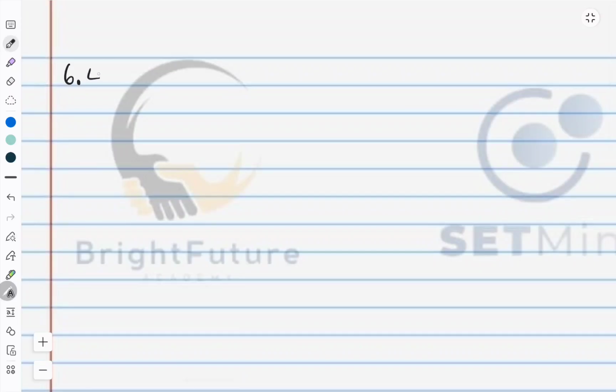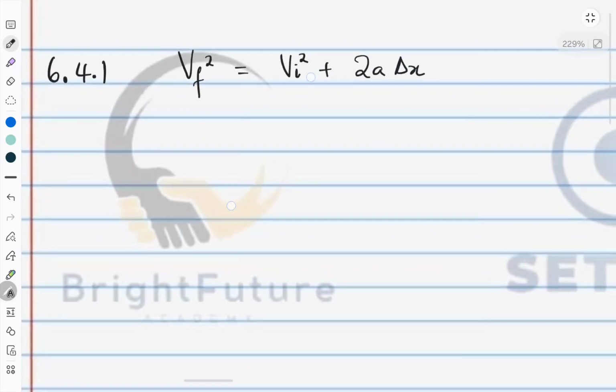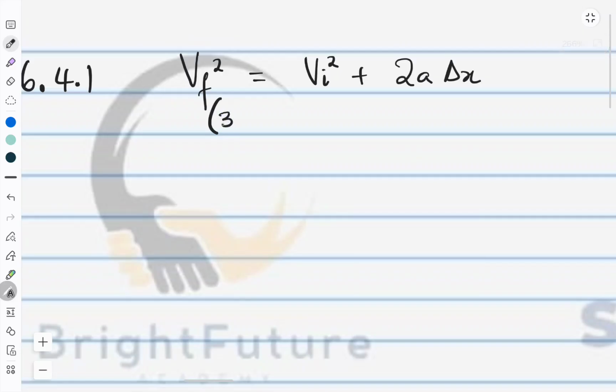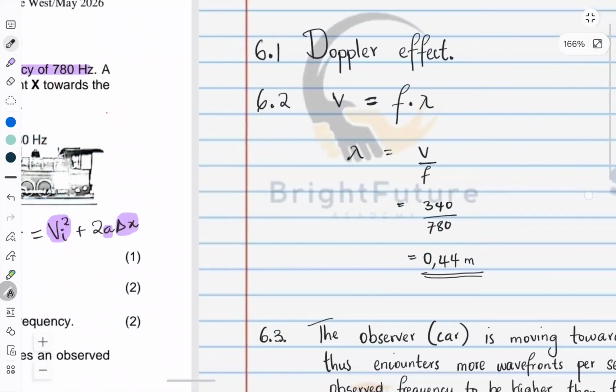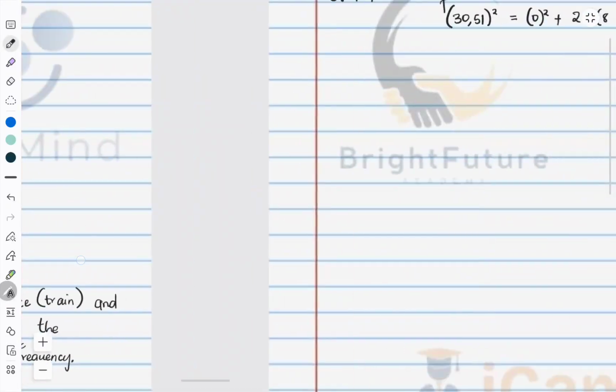So for 6.4.2, we can say Vf squared is Vi squared plus 2a delta x. Vf, we just found it to be 30.51. Vi is 0, squared, plus 2 times a times 83.11 meters, that distance.